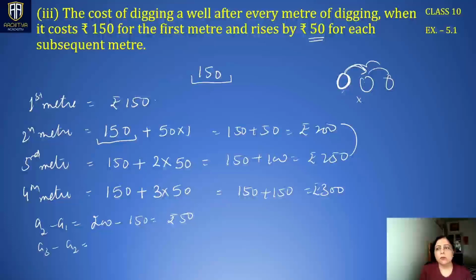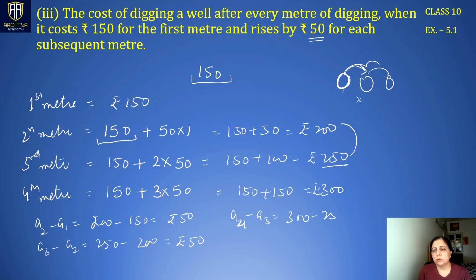A3 minus A2, A3 is 250, 250 minus 200, that is rupees 50. And then A4 minus A3 is 300 minus 250. So you can see that the difference between every two consecutive terms is the same. So this is an arithmetic progression, right?